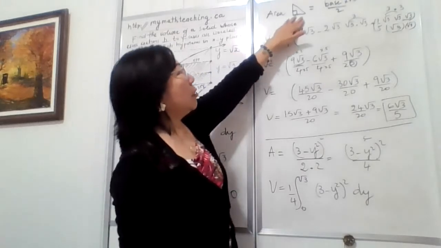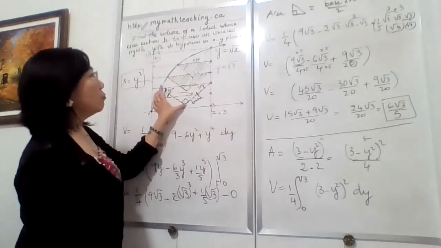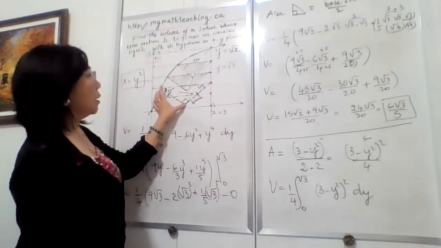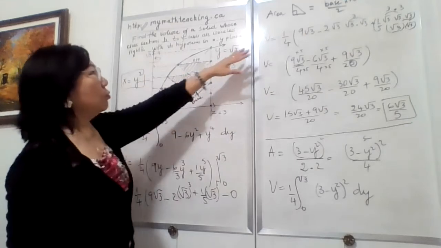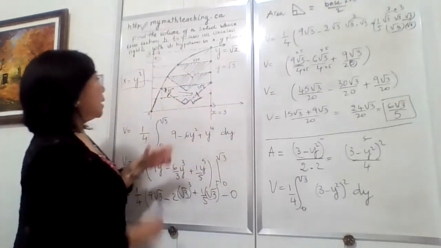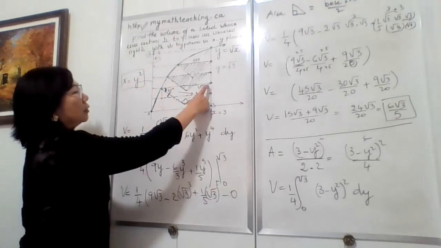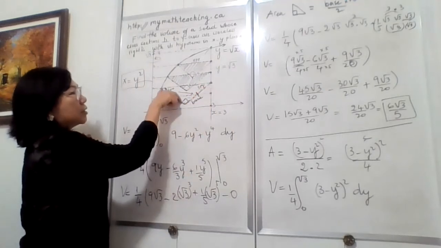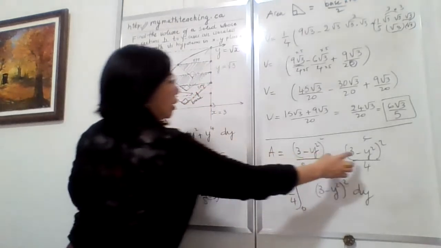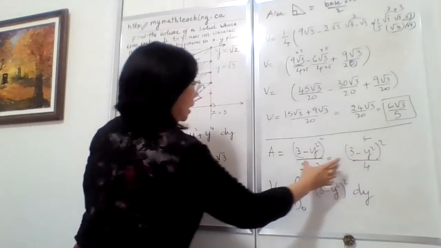And the area formula is base times height, which are both the same, divided by 2. And our base will be 3 minus y squared, times our height, which is the same, 3 minus y squared, right?